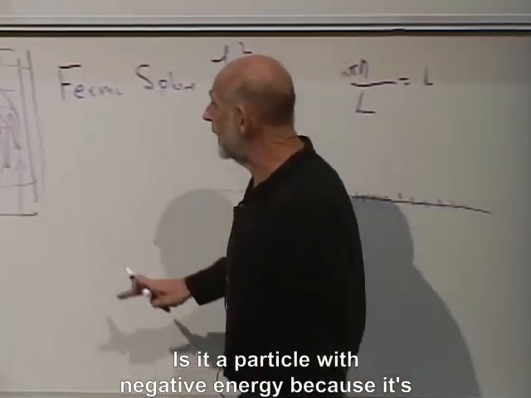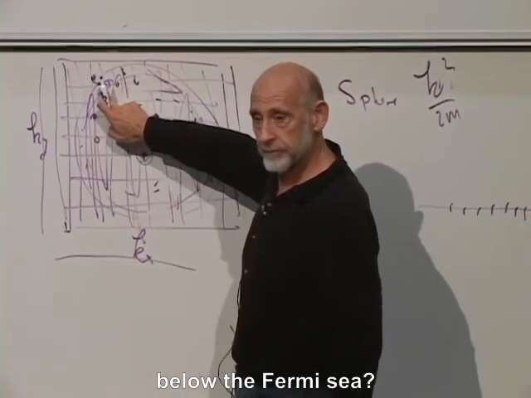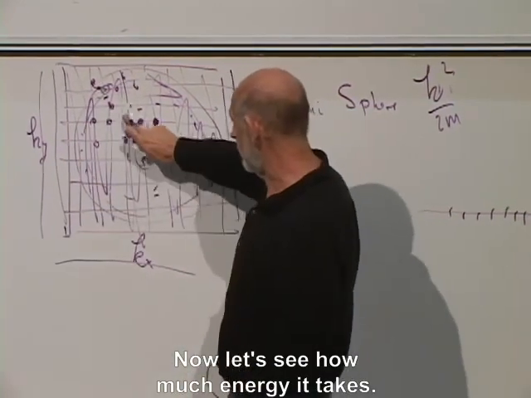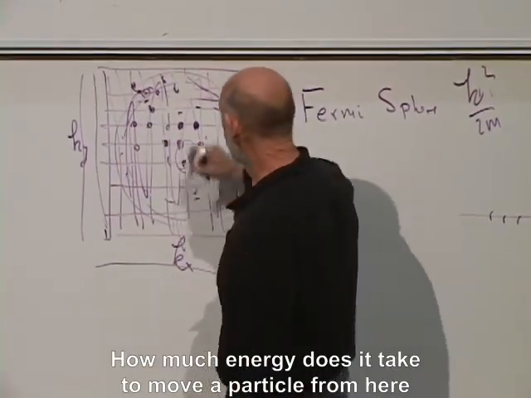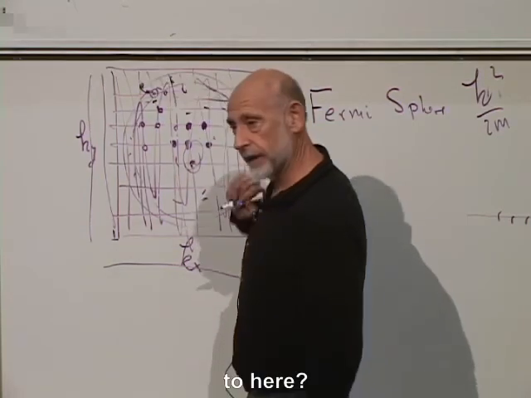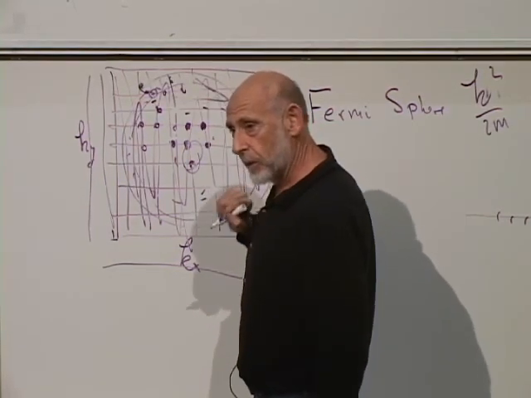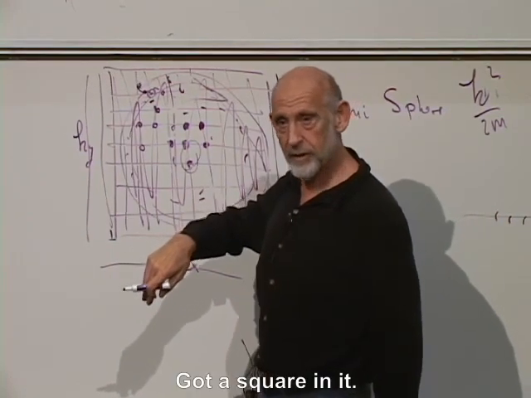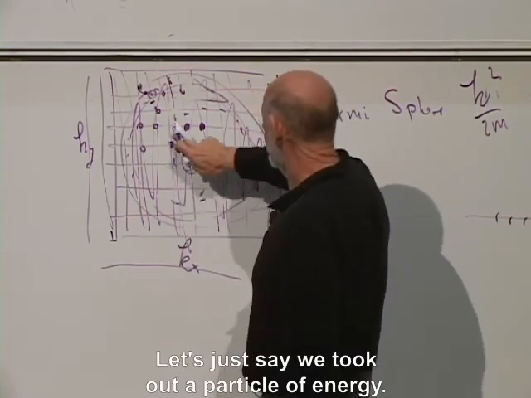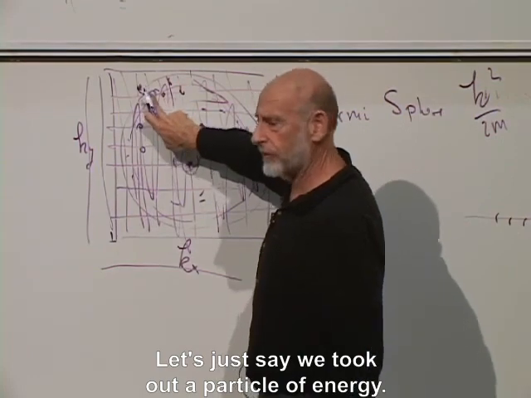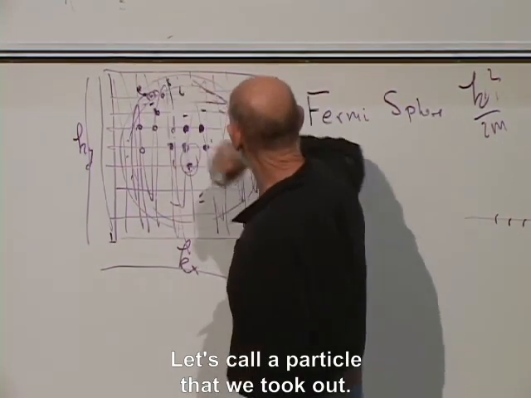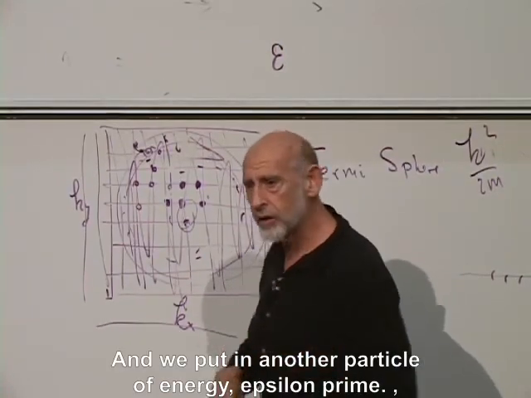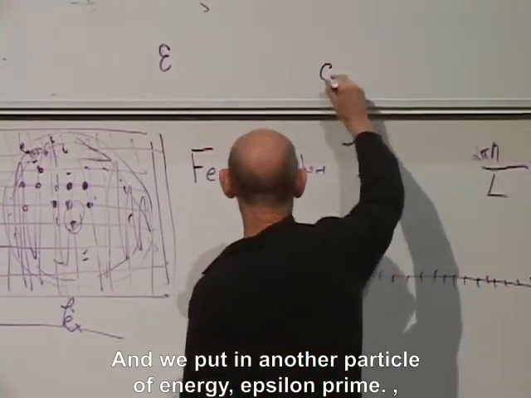Is it a particle with negative energy because it's below the Fermi sea? No, let's see how much energy it takes. How much energy does it take to move a particle from here to here? Let's just say we took out a particle of energy, let's call it energy epsilon, and we put in another particle of energy epsilon prime.